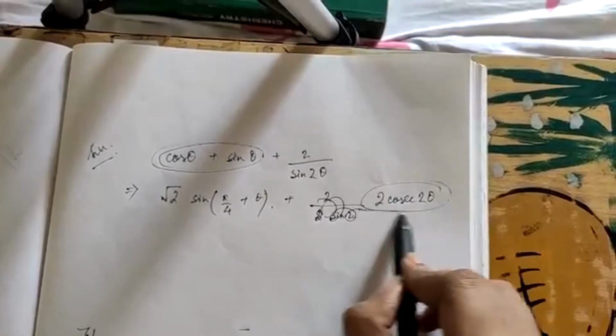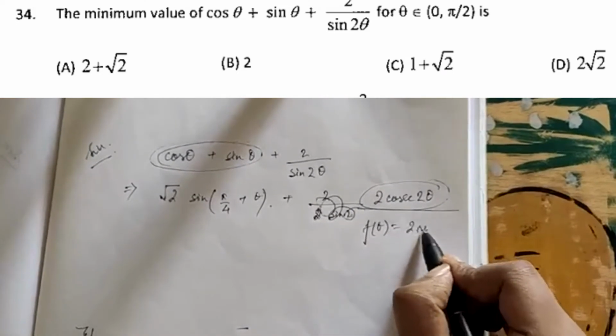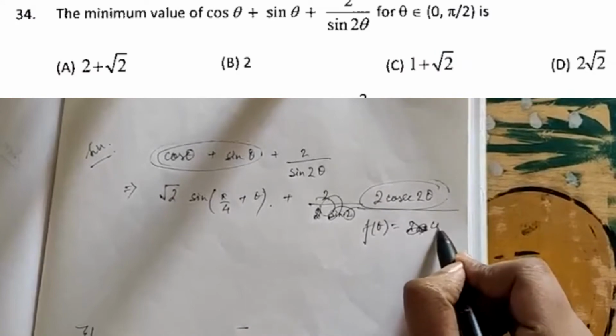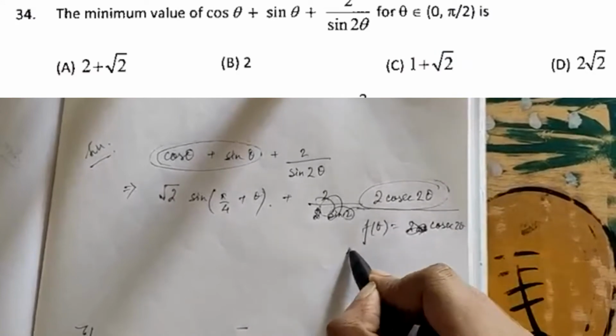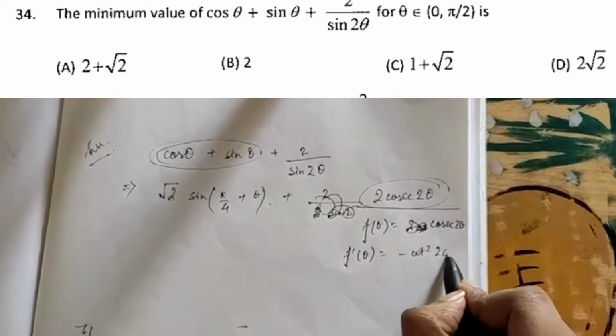Now if I take f theta as cosec 2 theta, then f dash theta will be minus cot square 2 theta.